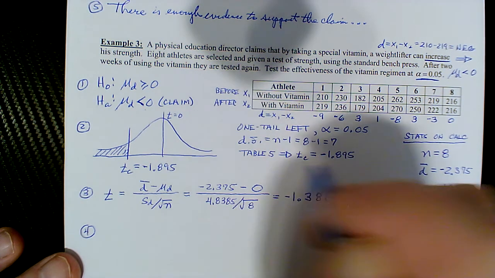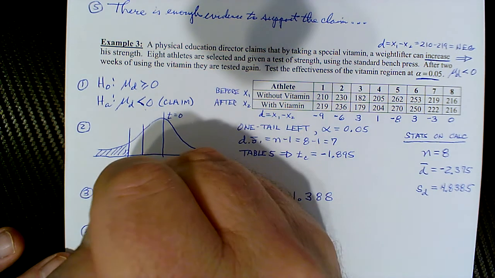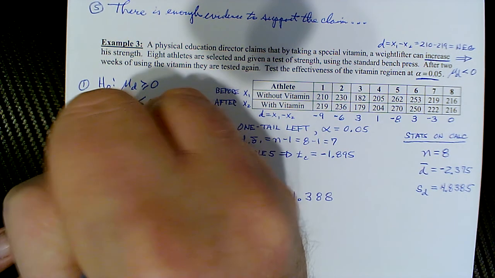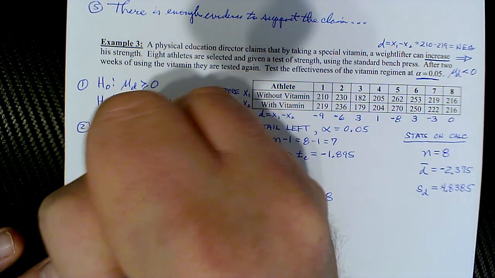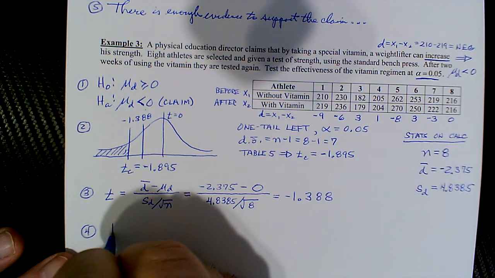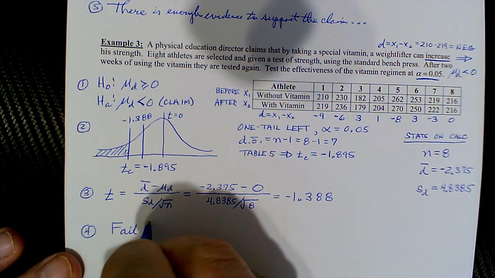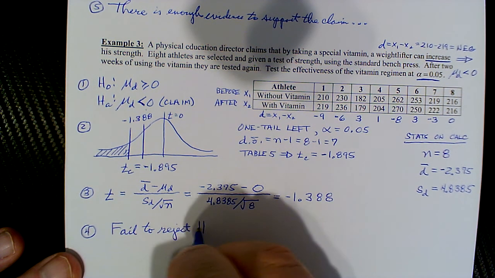And negative 1.388 falls somewhere before negative 1.895, so we're in the non-rejection region. So we fail to reject H0.